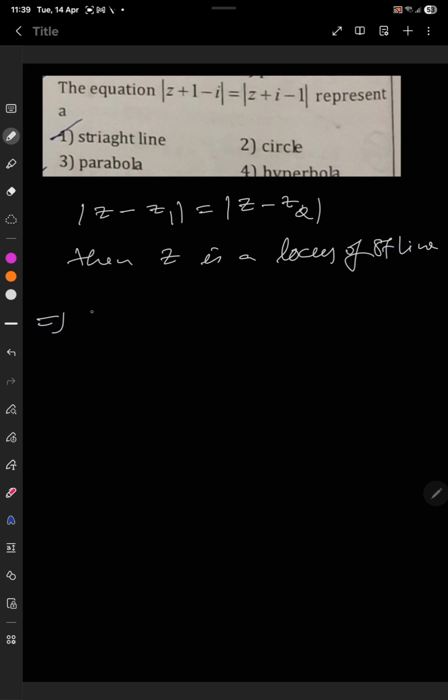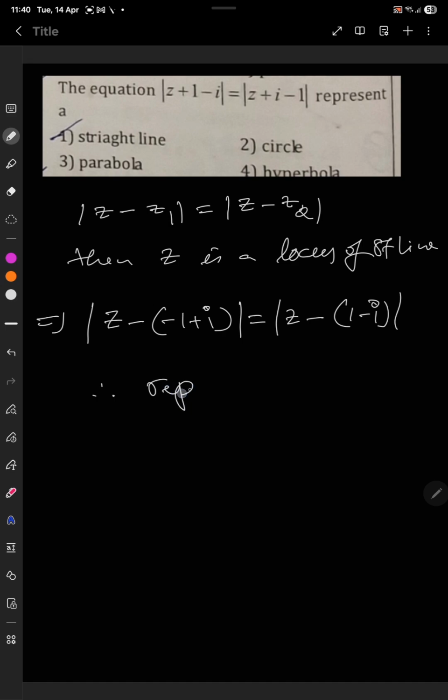So in the given problem, we have z + 1 - i, by taking minus common, minus 1 plus i, so that is equal to |z - 1 - i|. So this is in the form |z - z1| equal to |z - z2|. Therefore it represents a straight line. First option.